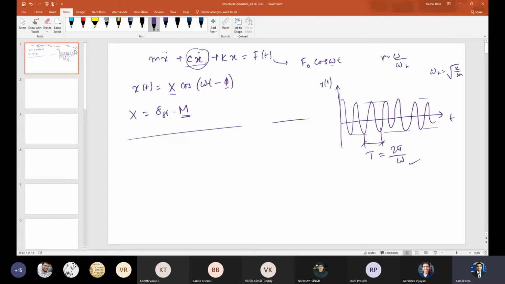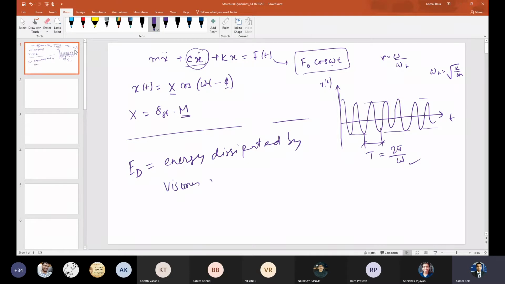Obviously damping is there, so energy is dissipated, and since the applied force is there, there is also some input energy, or work done by the external force. So let us first discuss the ED, the energy dissipated by viscous damping in one period of vibration, in one cycle.